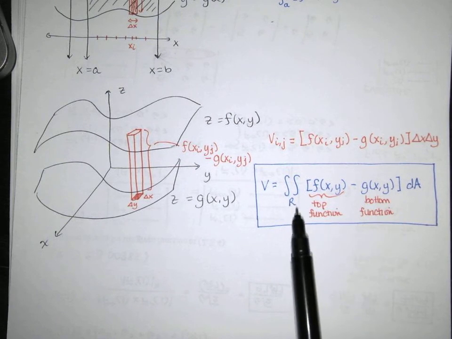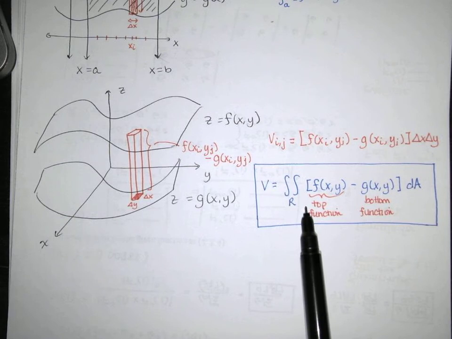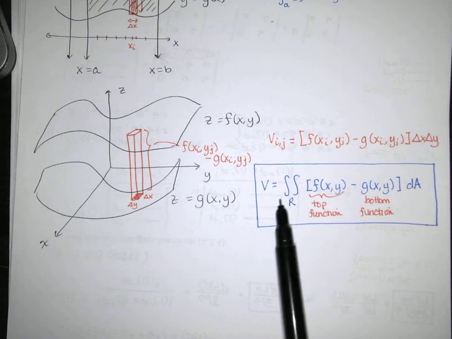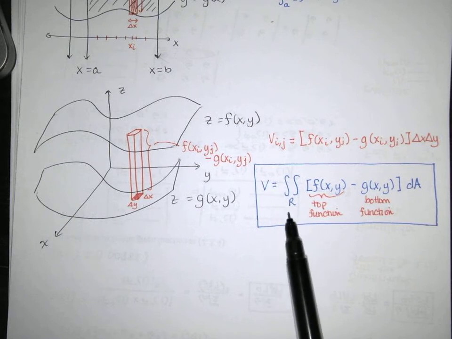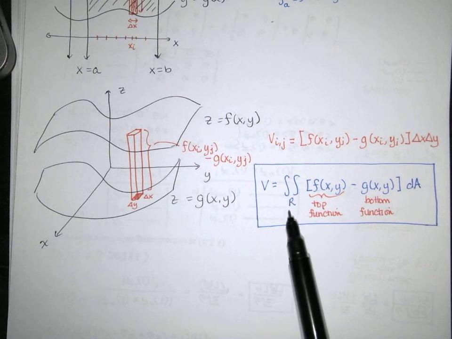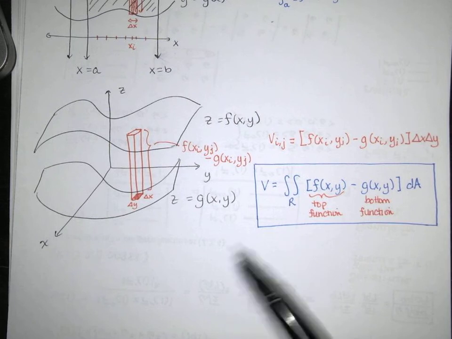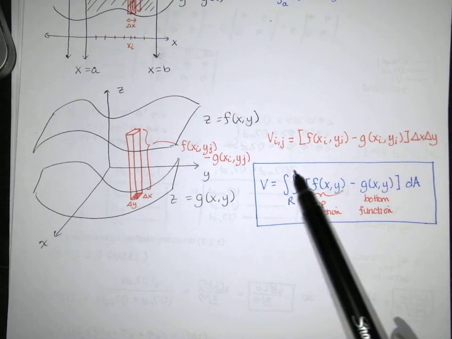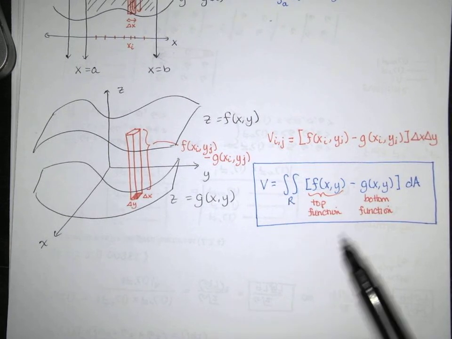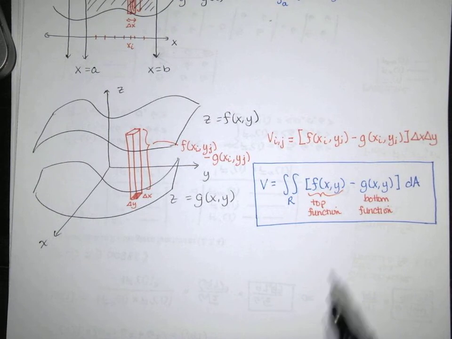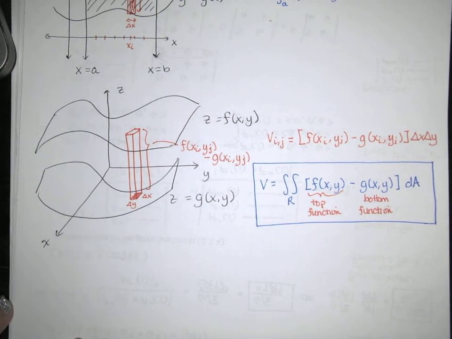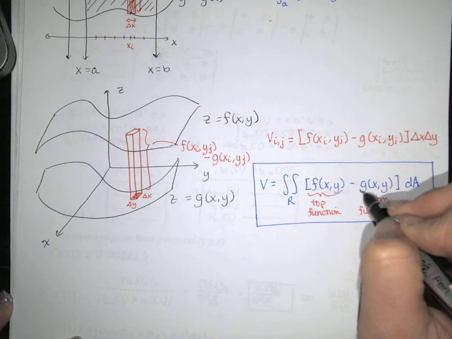And then we need a description for the region R. We'll describe the region R using the techniques that we talked about in earlier videos for finding the area of a region R using a double integral. So all of that we studied with area from before is important because that will allow us to describe the region that we're integrating over in this section. Okay, so that's the plan.